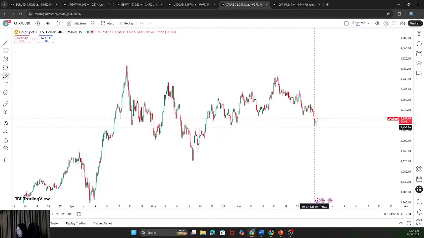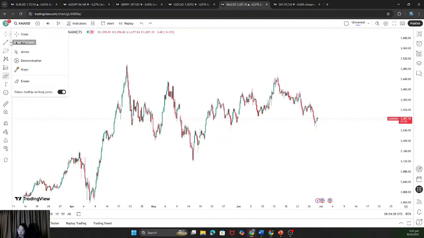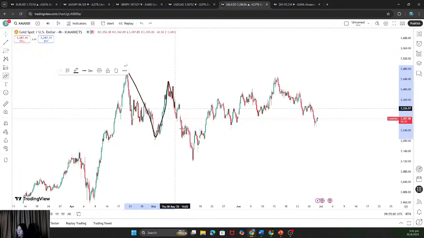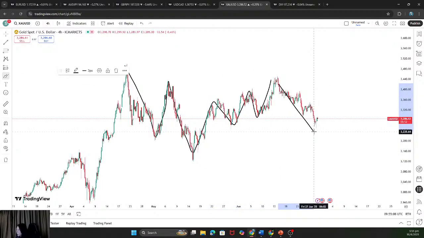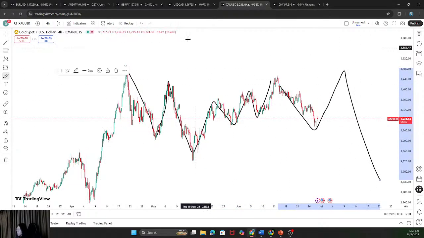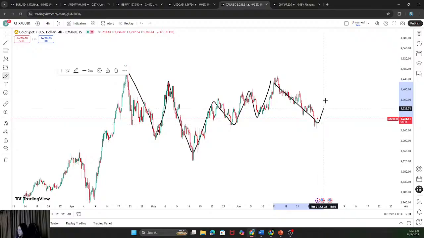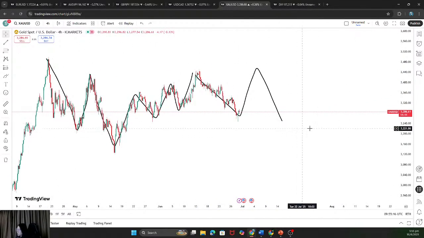We should be in wave 1, 2, and 3. This is A, B, C, A, B, C, D, E, and then we're doing an A, B, C. Sorry, that was a dramatic A, B, C. So I expect gold to stop somewhere, and then we can get in for the buy soon.